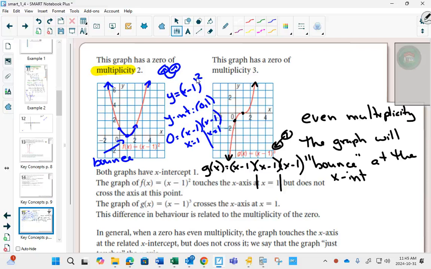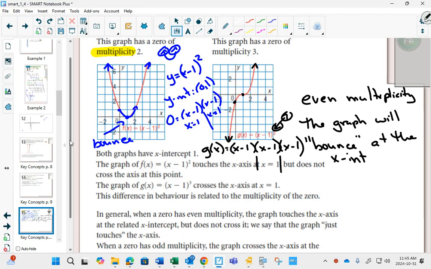And what happens when the multiplicity is odd and bigger than 1? Okay? So we're going to make actually 2 notes here. We've already seen odd multiplicity of 1. That's what happened in all of our previous examples.